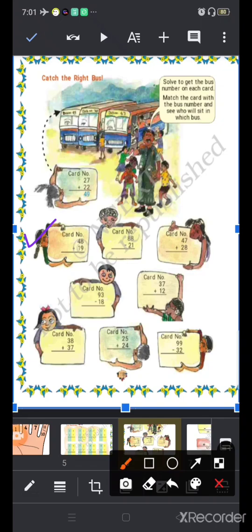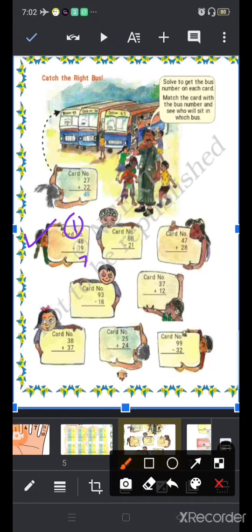So start counting after 9: 10, 11, 12, 13, 14, 15, 16, 17. So our addition is 17. We'll write here 7 and 1 will go up.